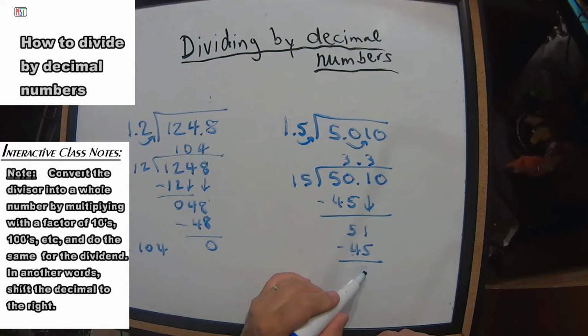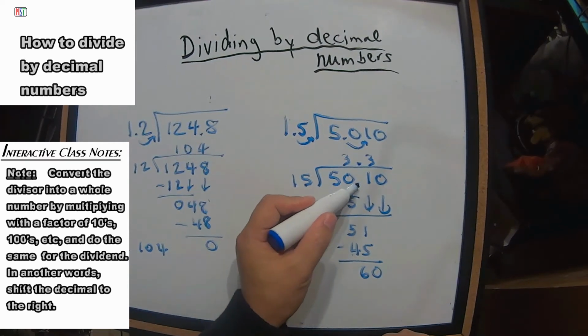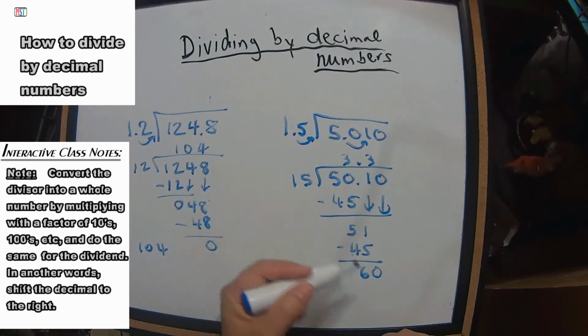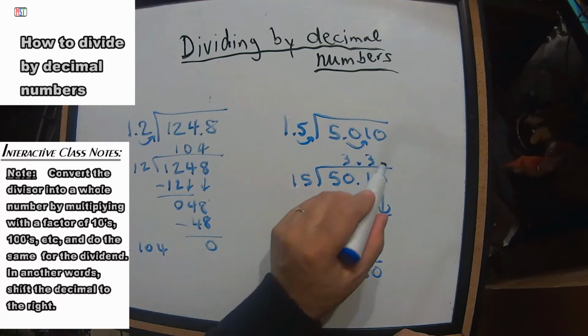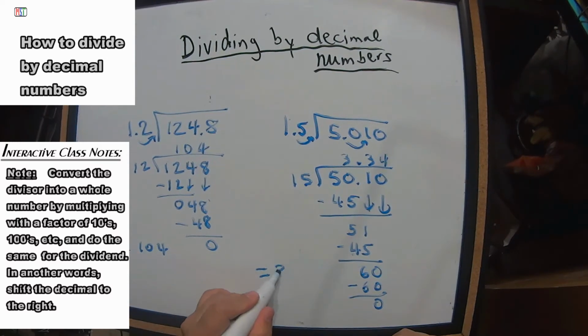Subtract the difference. That gives you 6. Bring down the 0. Okay, now notice there's a decimal there, which aligns with this decimal here. 15 goes into 60 how many times? 4 times. 4 times 15 is 60. Subtract the difference. 0. So the answer is 3.34. So 1.5 divided into 5.010 is 3.34.